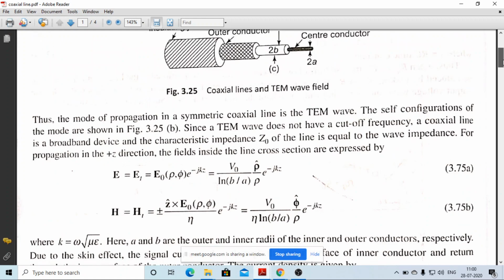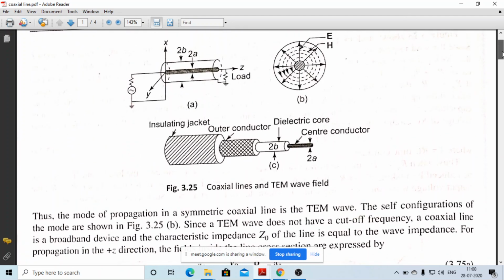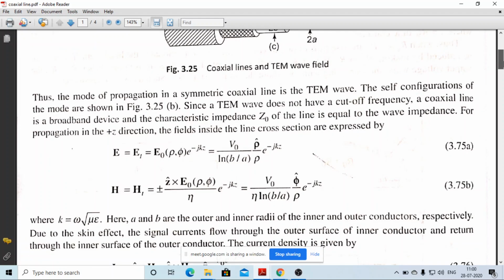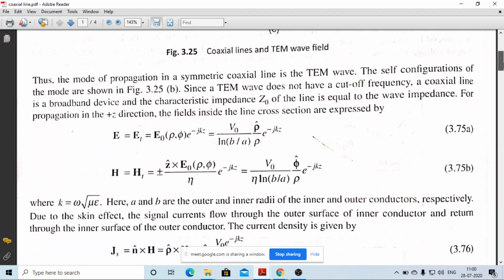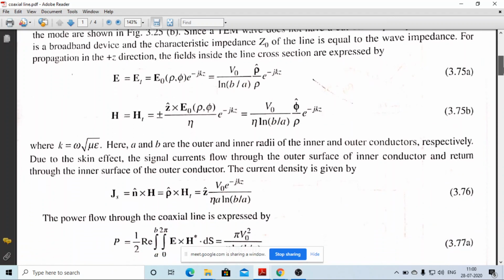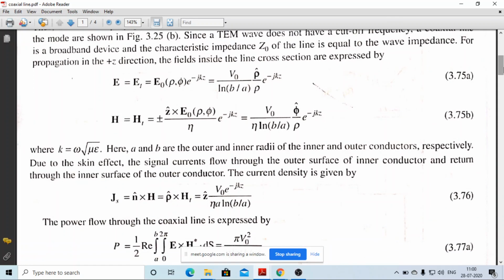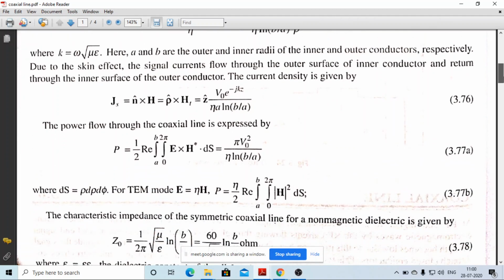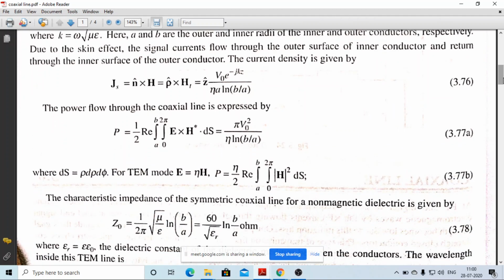You can see here. So you can expect one question from this power flow, but this is second priority.